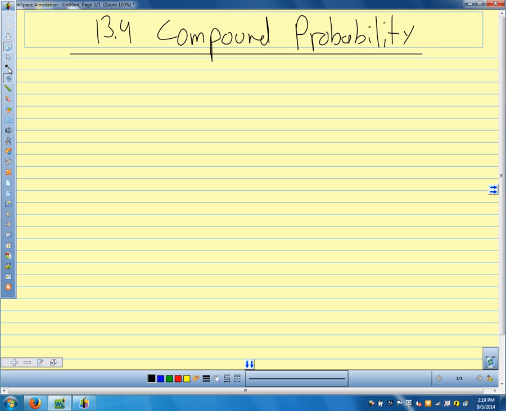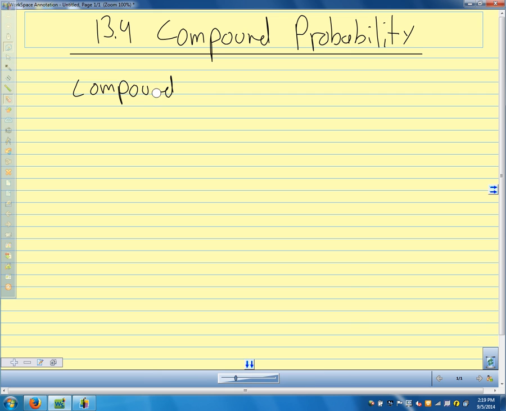So the first thing we want to do is come up with a couple of definitions. So what are we going to guess compound probability means?